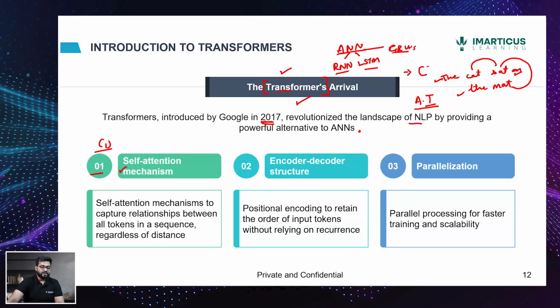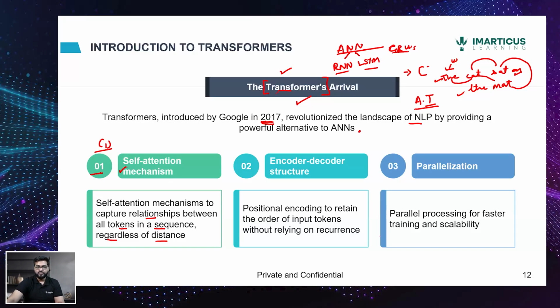This self-attention mechanism captures the relationship between all tokens in a sequence, regardless of the distance. When we say tokens, in technology, these tokens are words. So this self-attention mechanism is able to capture the relationship between each of the words, even if they are really far away in a sentence.